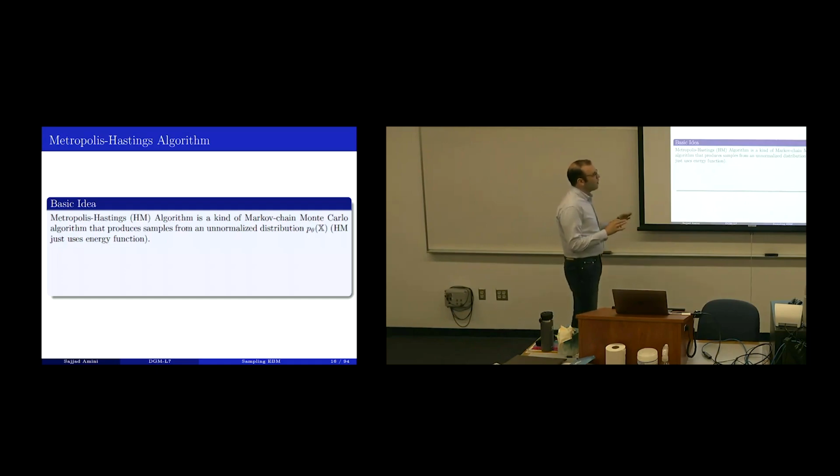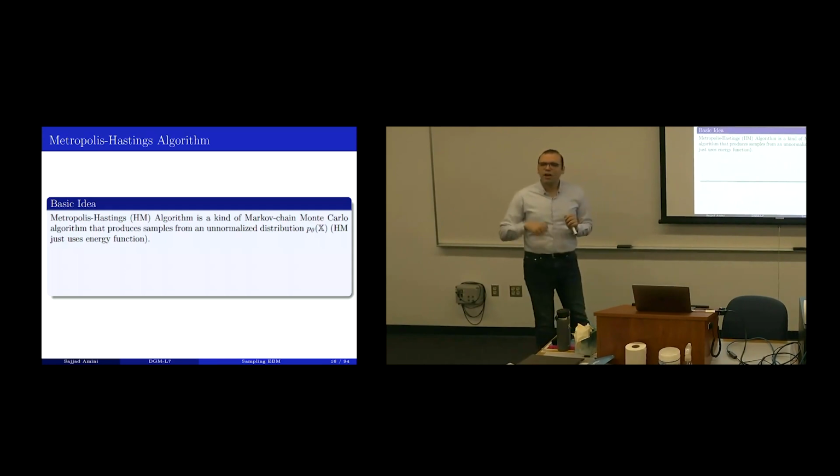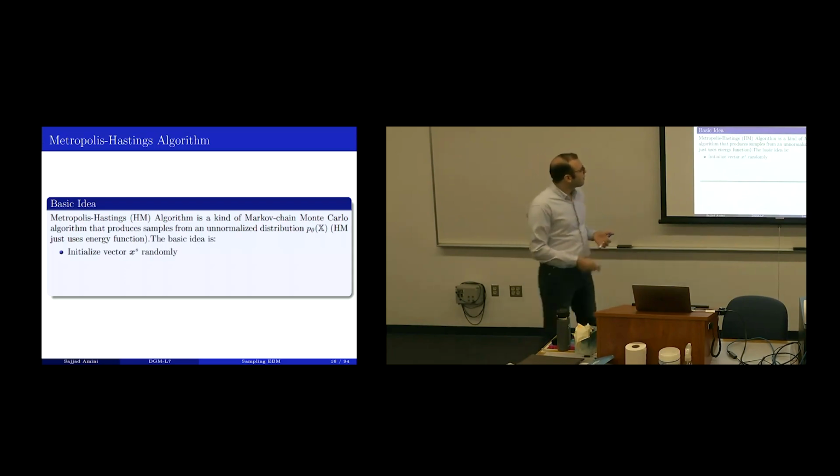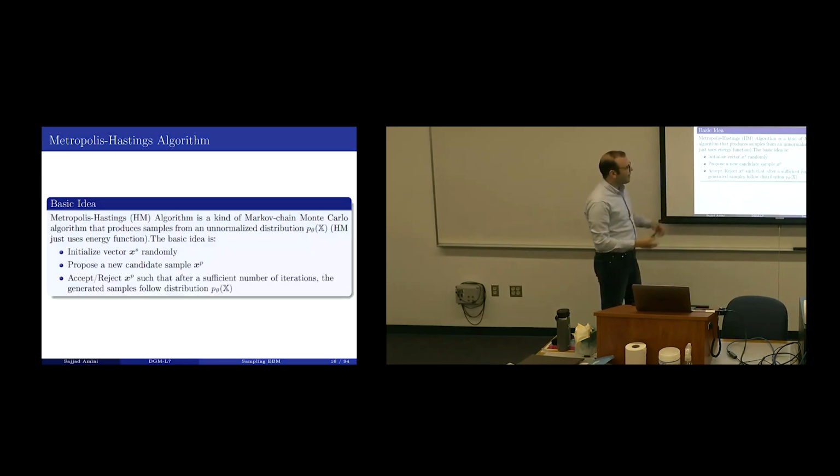Okay, so what is the Metropolis-Hastings algorithm? Given an unnormalized PDF, it can give you samples from that PDF. This is what the algorithm does. How is the concept? It initializes with XS randomly, so you have a random sample. You propose a new candidate XP, and then accept or reject XP.